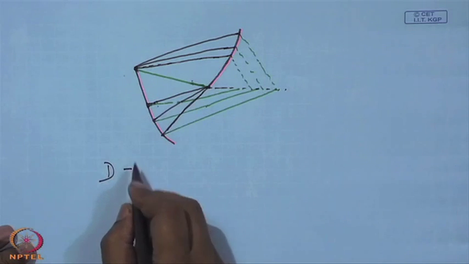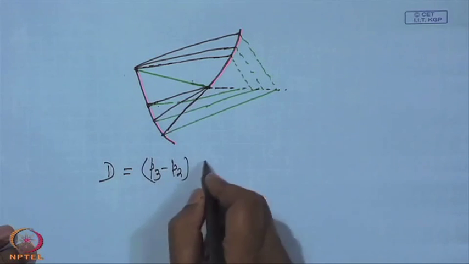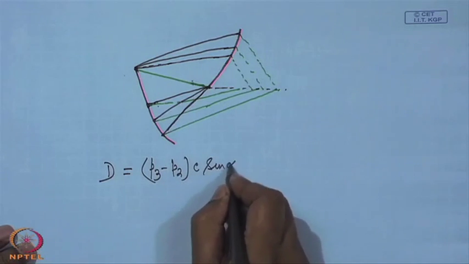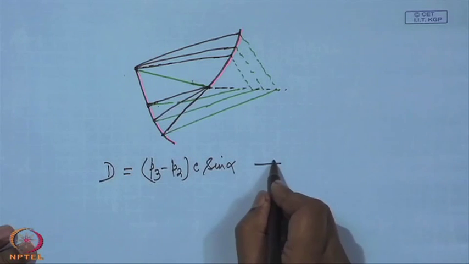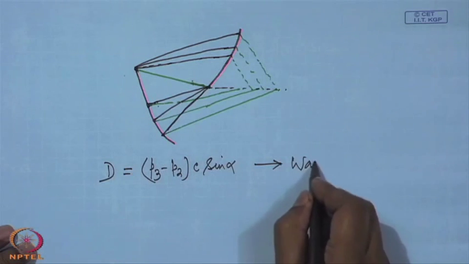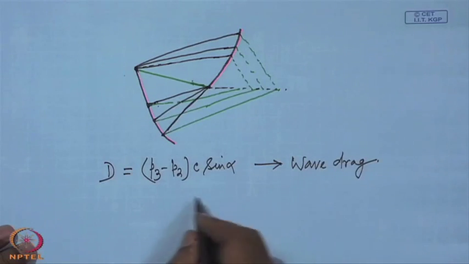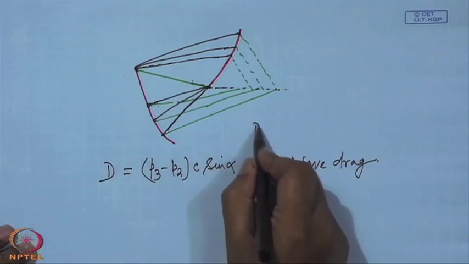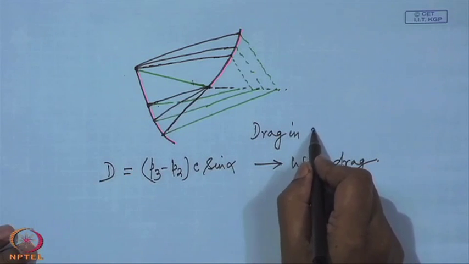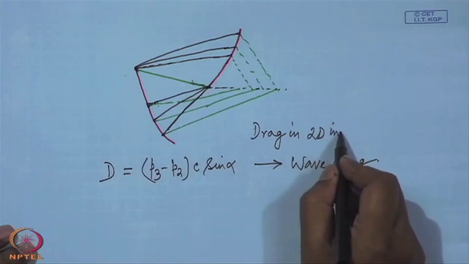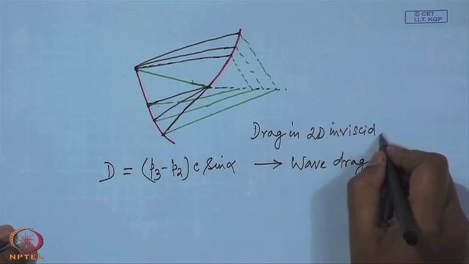This drag, which is in this case (P 3 minus P 2) into C sin alpha, is called wave drag. Inviscid supersonic flow.